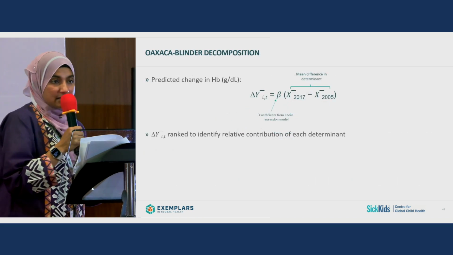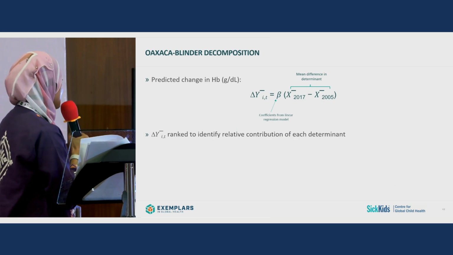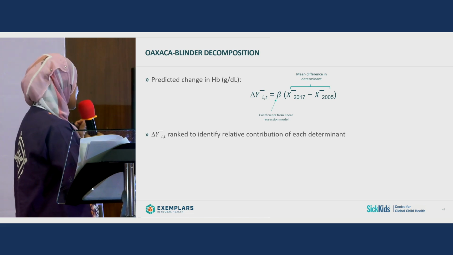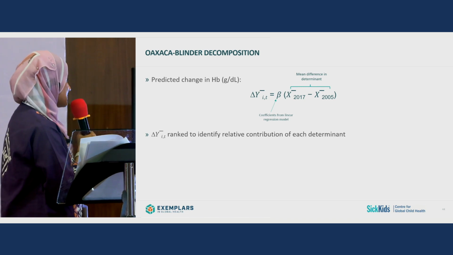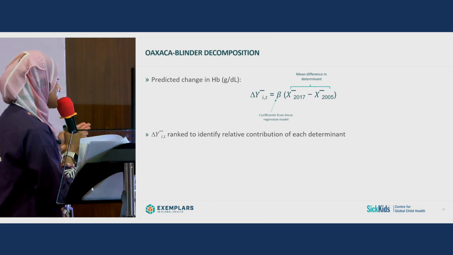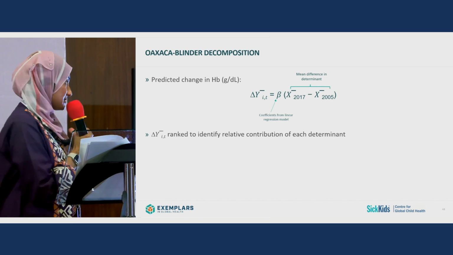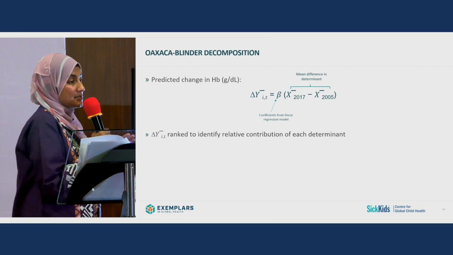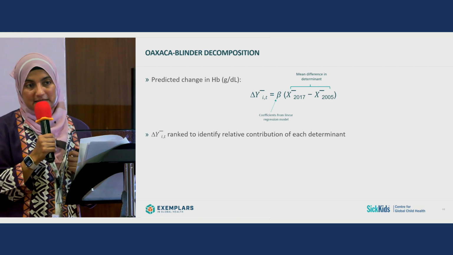So then we extended our linear regression model to Oaxaca-Blinder decomposition, which calculates the predicted change in hemoglobin and multiplies it by the mean difference in the determinant that was observed. So the beta in this case is the coefficient from the linear regression model that I showed you in the previous slide, and the mean difference in the determinant is the mean difference, for example, for IFA consumption during last pregnancy.